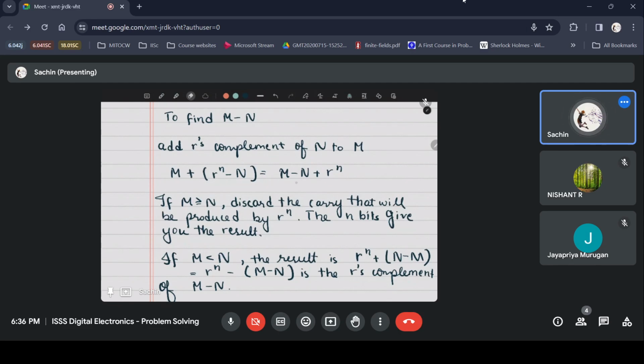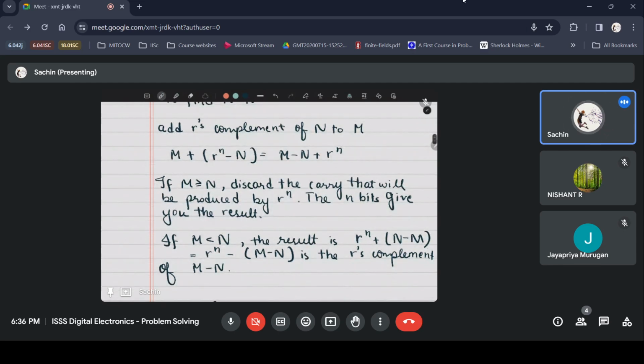So it will become M plus r power n minus N, which is capital M minus capital N plus r power n. In case M is greater than or equal to N, then this r power n will appear as a carry, and you just discard the carry, and what you get as a result is M minus N. This carry will appear in the n plus 1th bit, so you can easily discard that. It won't affect the rest of the result.